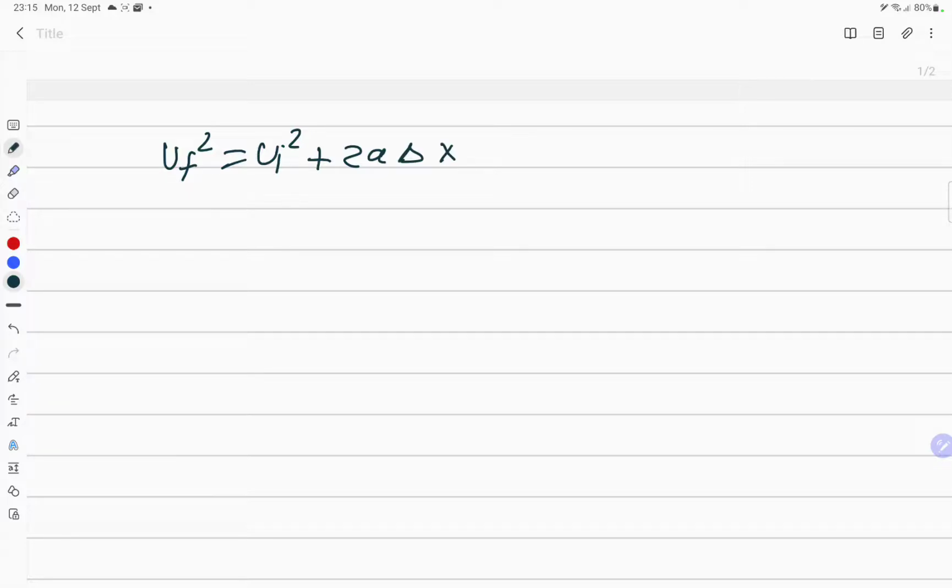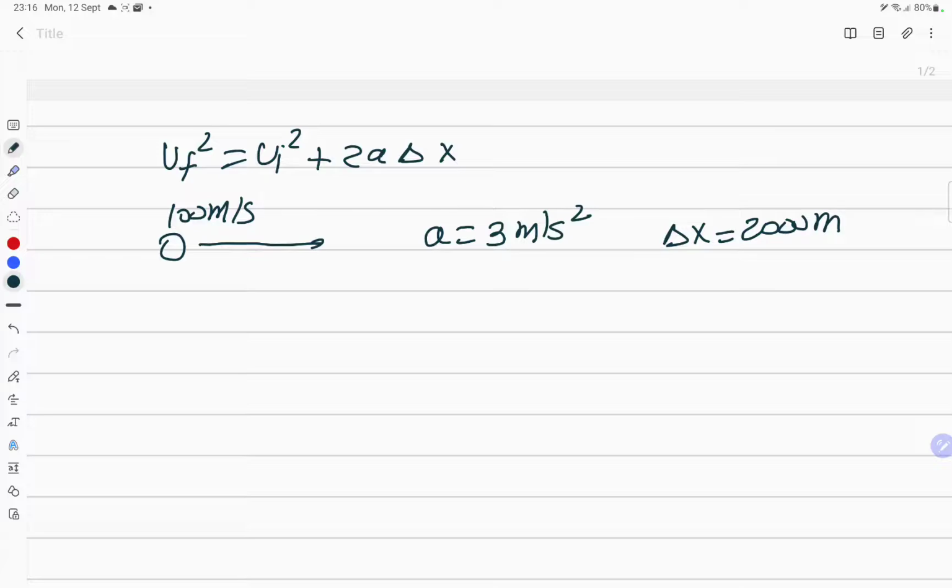Okay, an object moves with 100 meter per second with an acceleration of 3 meter per second square. Okay, and this body will move a displacement that is equal 2000 meter.